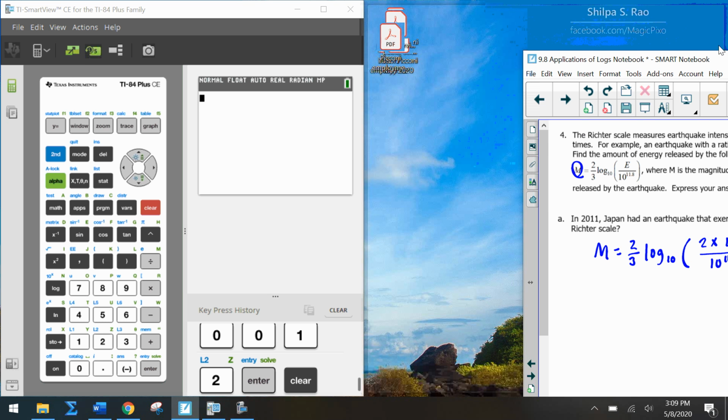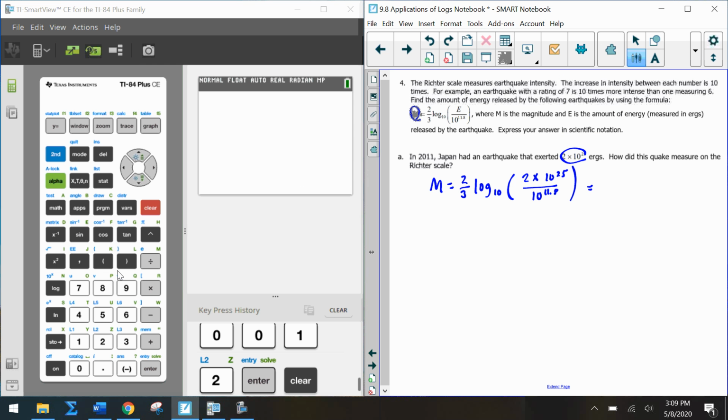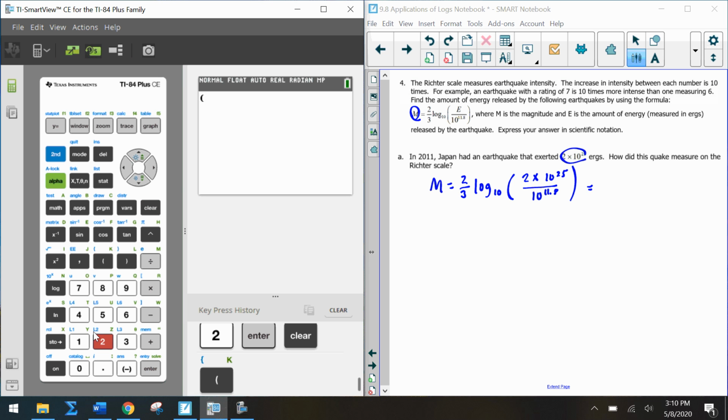All right. So we start out with 2/3, I'm going to put in parentheses 2 divided by 3, okay, and then multiply it by the log base 10. You don't have to go up because the log on the calculator represents base 10 already.